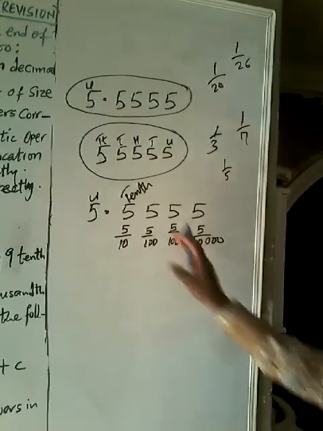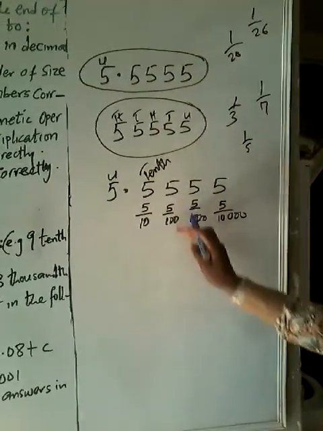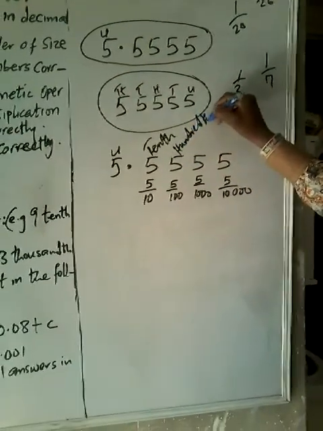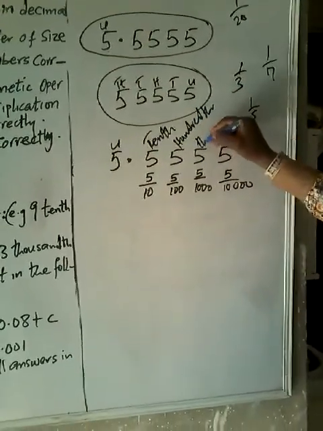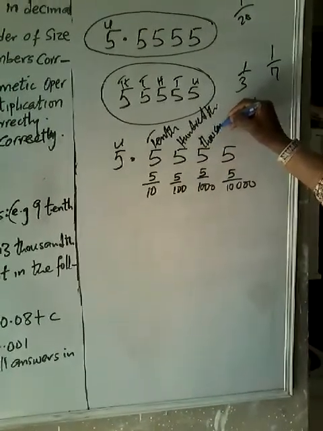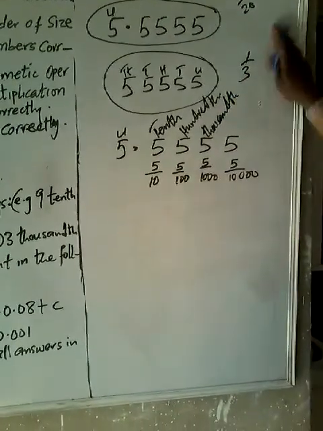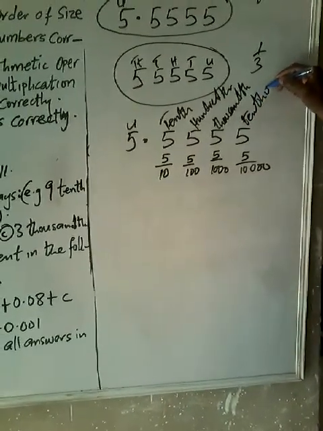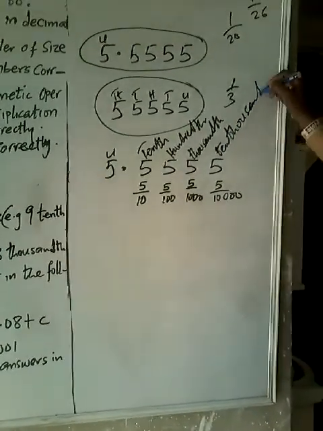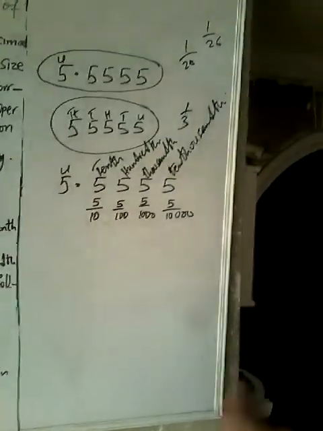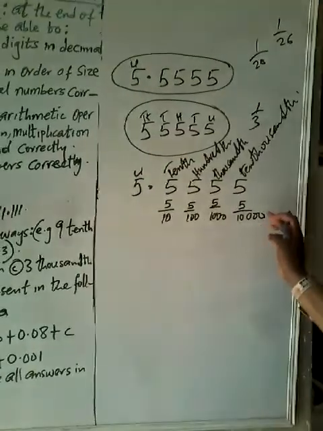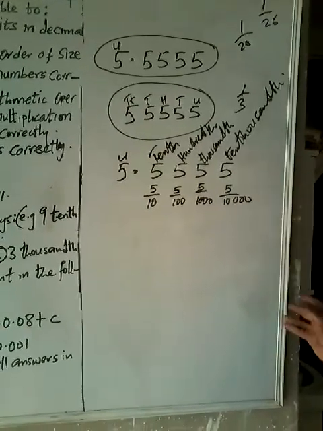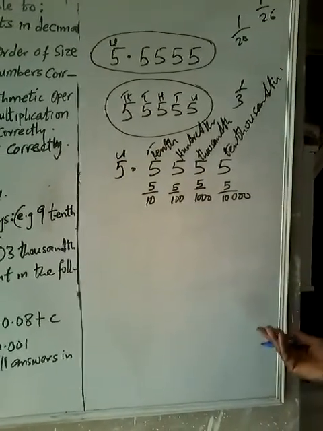The same way we have it here: the next is hundredth, this is thousandth, and this will be ten-thousandth. It may continue like that, to hundred-thousandth and so on.